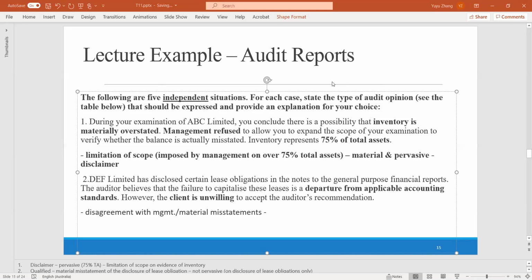Okay. So is this material? So departure from accounting standards is by nature always material. Is this pervasive? So maybe not pervasive because it is only about the lease accounts.